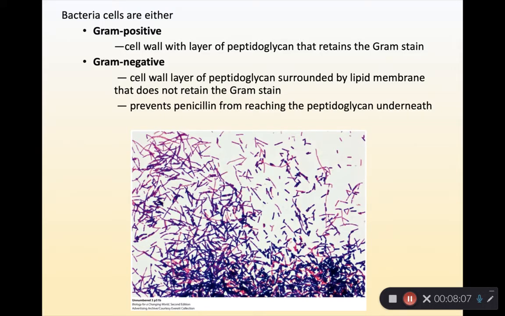These are the big main groups of bacteria, and different antibiotics will work at different efficacies depending on whether the bacteria are gram-positive or gram-negative.